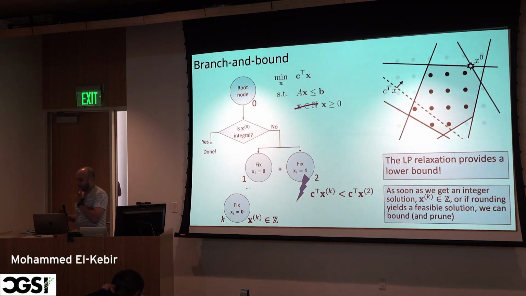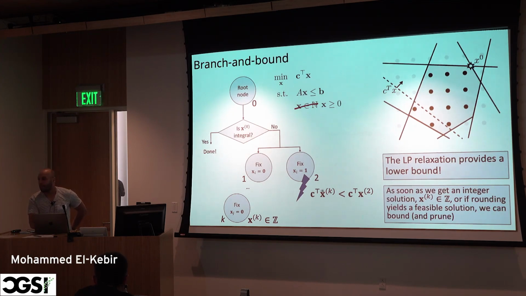But let's talk about the bounding. What does the bounding mean? If at some point at this node, for instance, over here, this kth node, we get an integer solution, what that means is we have a feasible solution, right? And that feasible solution will have a score. So that's this over here, the coefficients c times the variables xk.